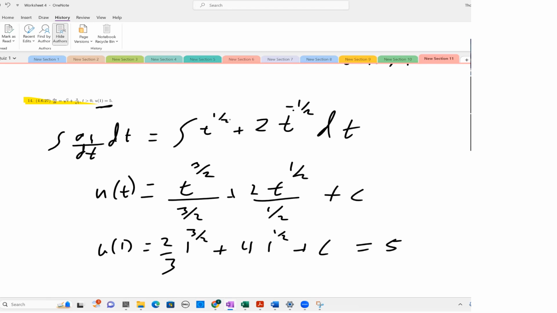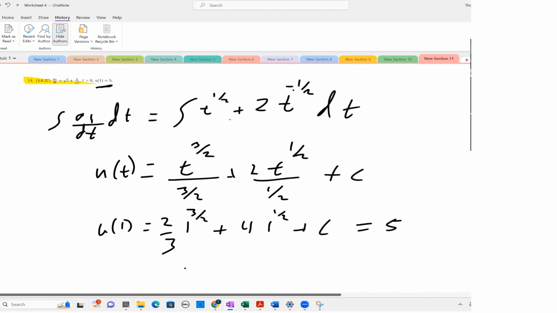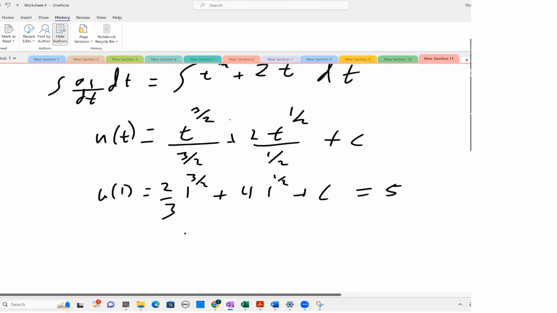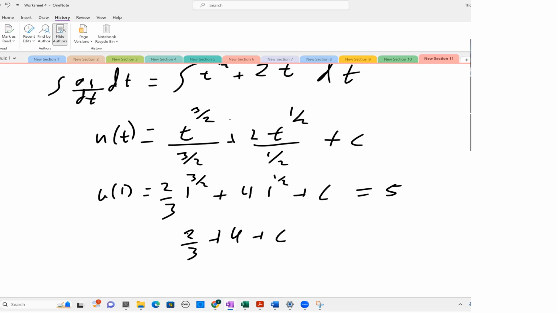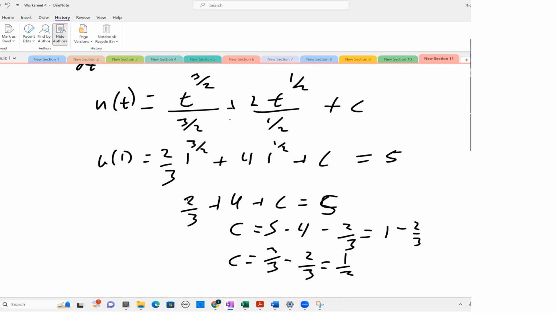So with this being the case, we then simplify what we have. 2/3 plus 4 plus c equals 5. So c equals 5 minus 4 minus 2/3, which equals 1 minus 2/3. So c equals 3/3 minus 2/3 equals 1/3.